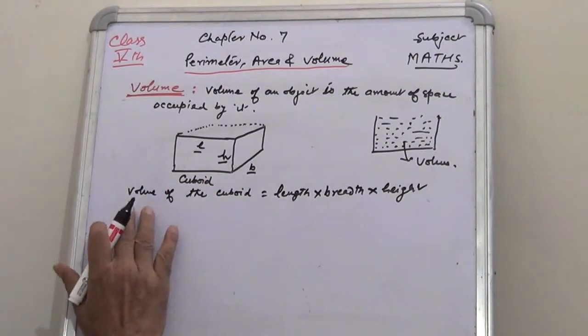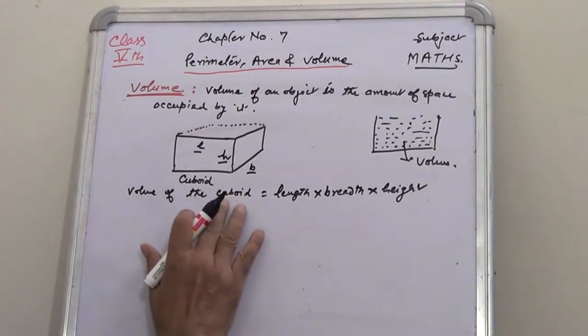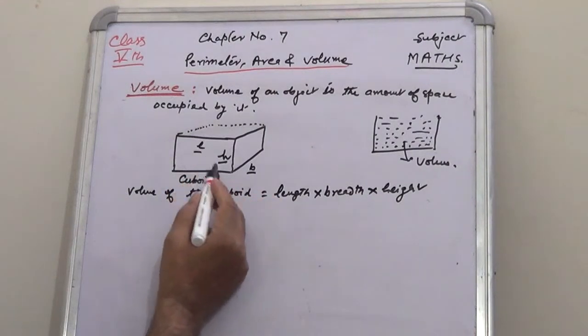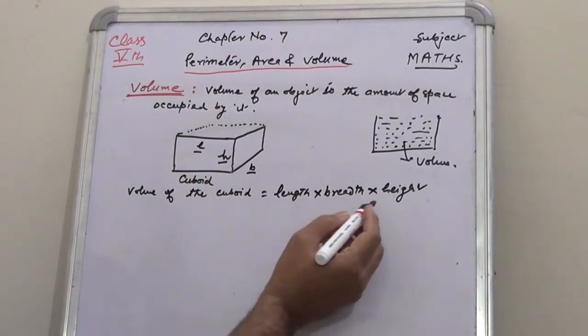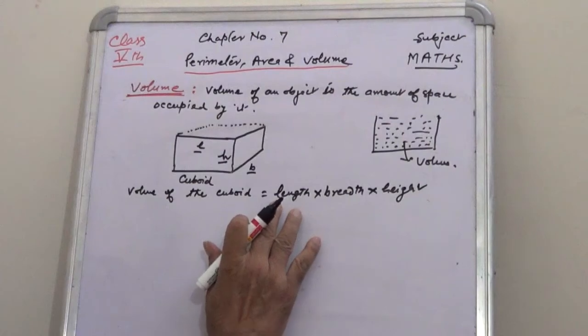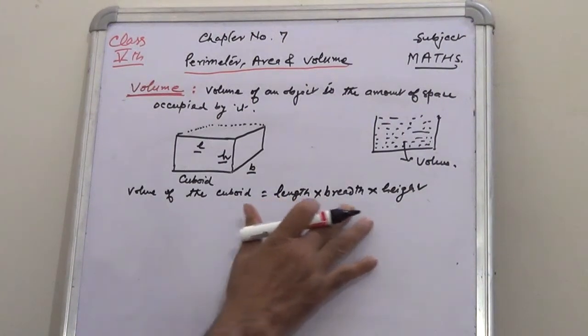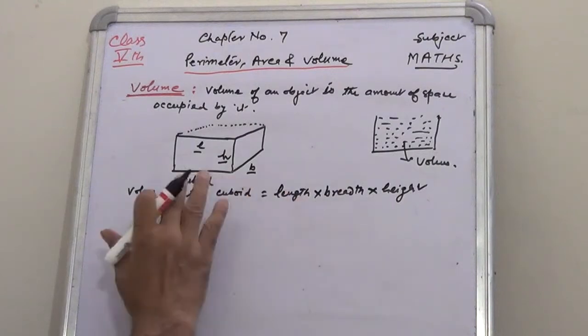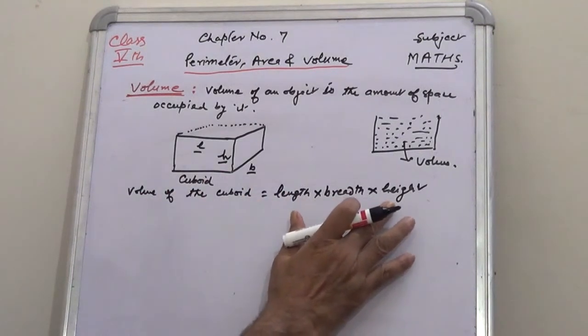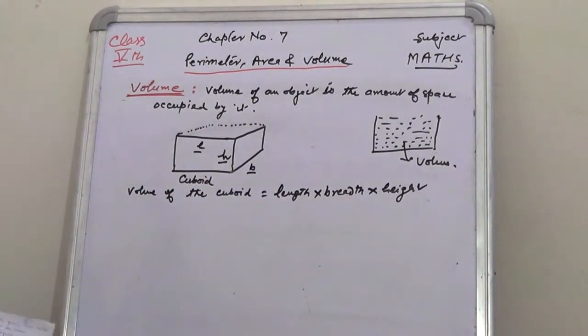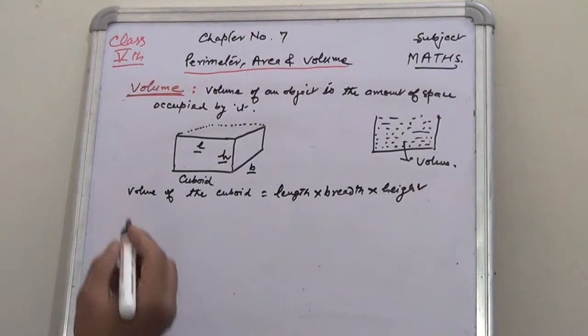So the volume is calculated by multiplying length, breadth and height. While we multiplied length into breadth to calculate the area, to calculate the volume we have to multiply it by height also. This is the volume of a cuboid.